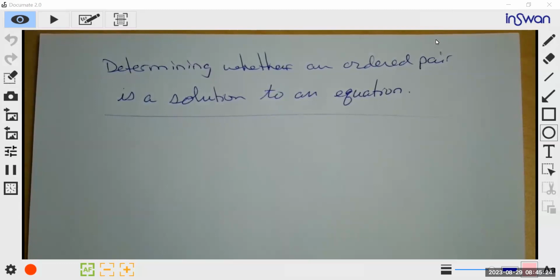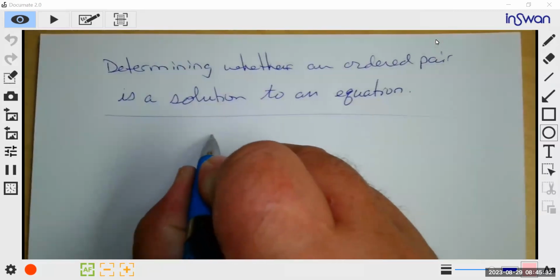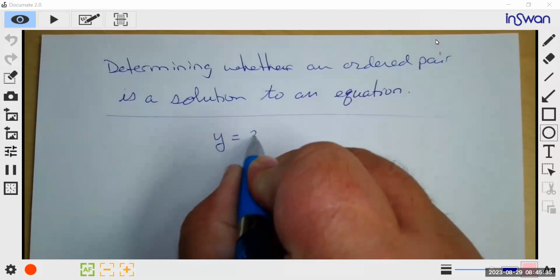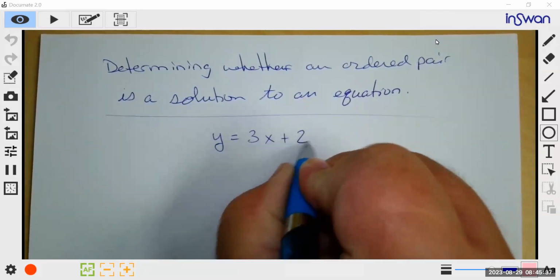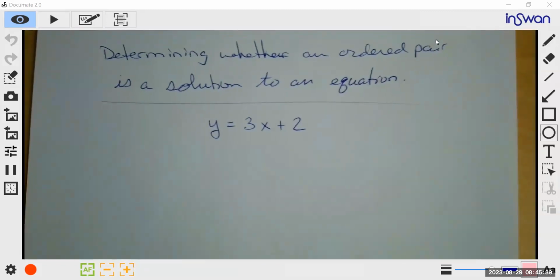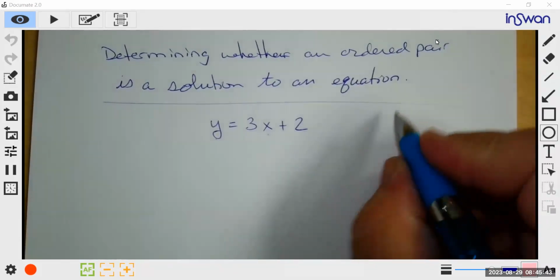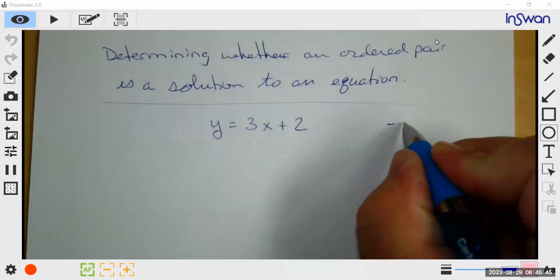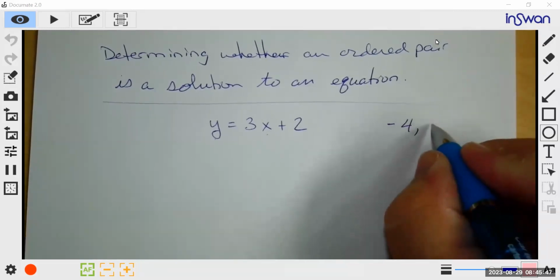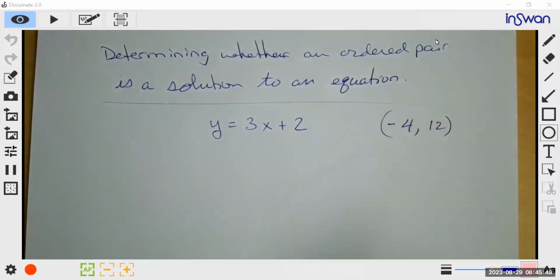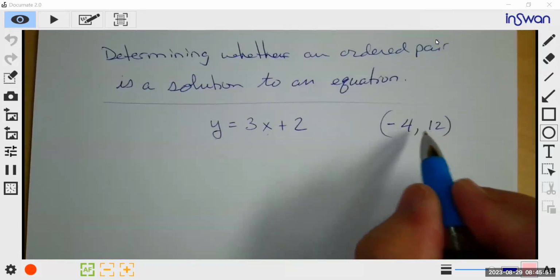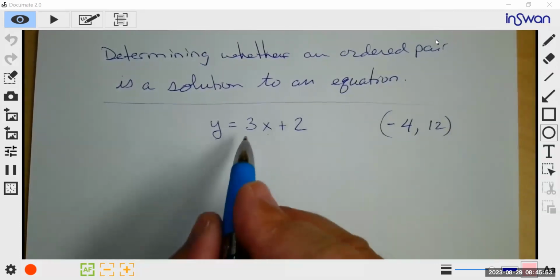Now that we have an x and y axis, our equations have to have an x and y variable. This represents the x-axis, this represents the y-axis. So is that ordered pair a solution to this equation?